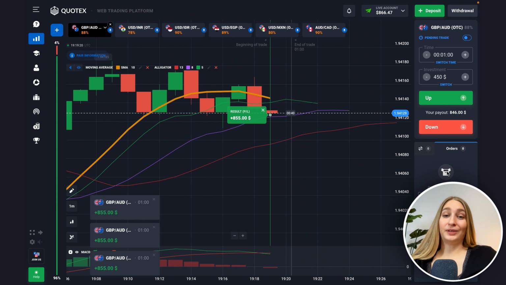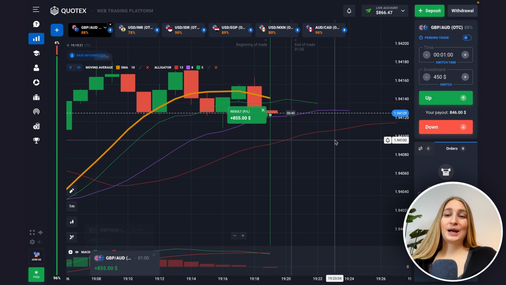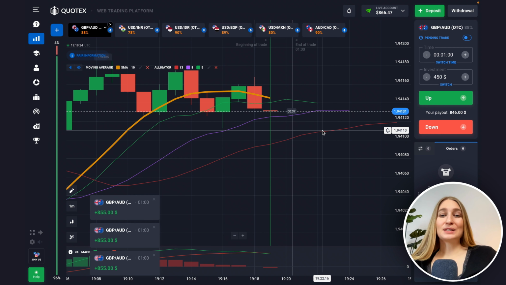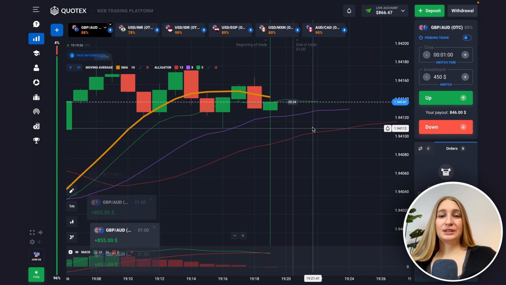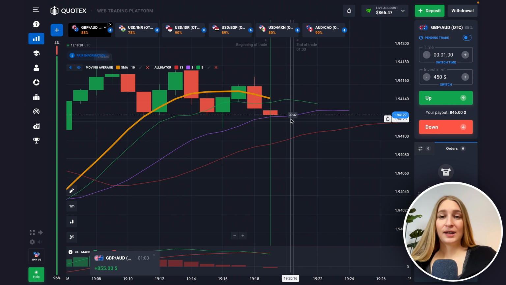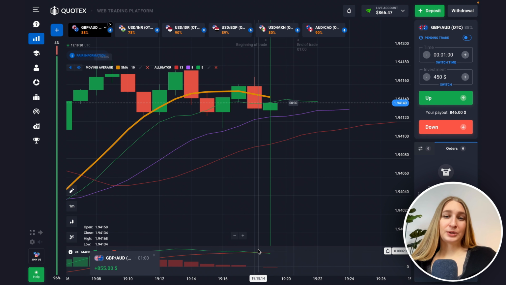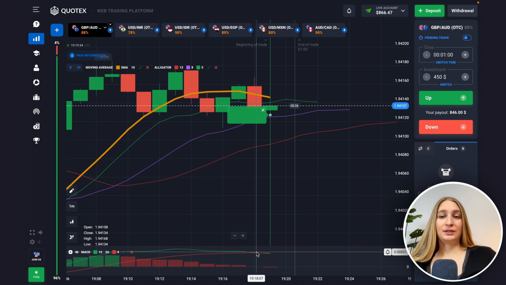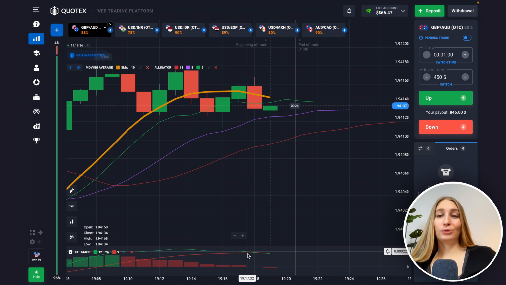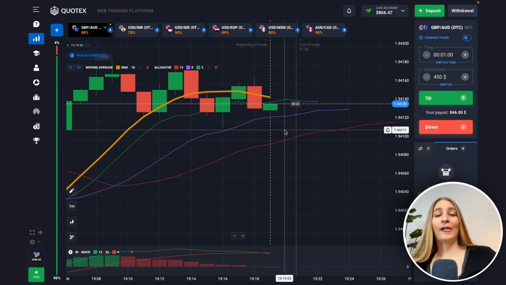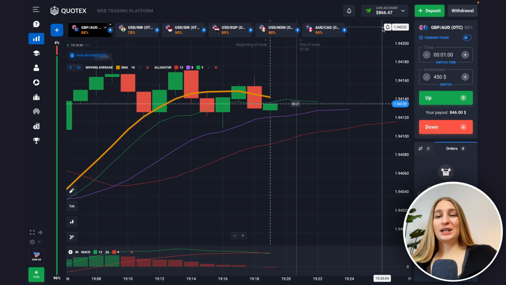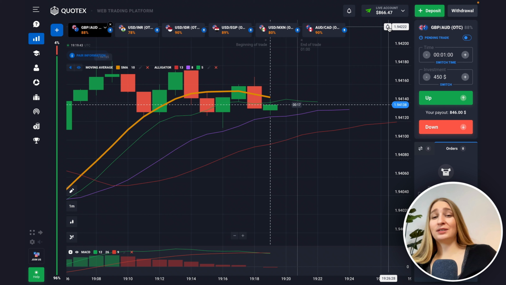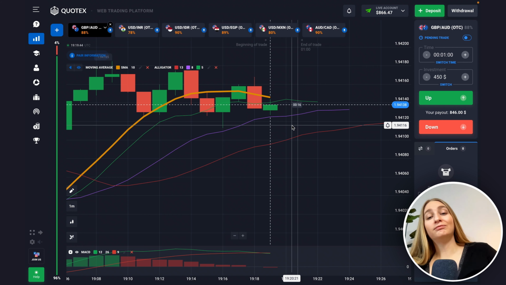So I'm in the profit, and you see, while the trade was going, there was an intersection in the MACD graphic, and I predicted that it would be like that. That's because I'm here with $800 first of all, and you see the graph is pretty flat after 7 green candlesticks.